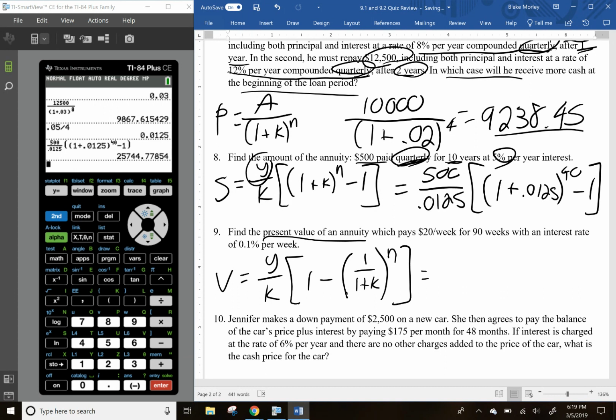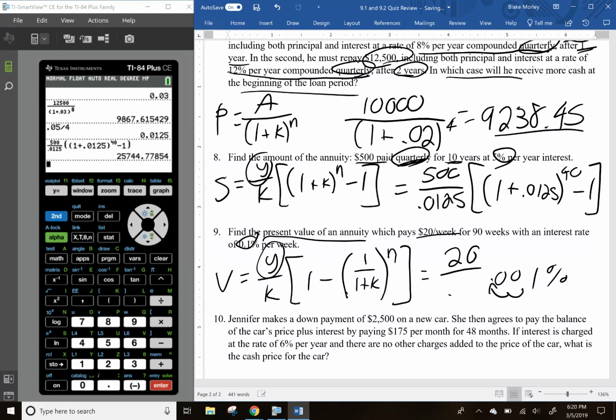Let's plug everything in. Again, Y, just like in the last problem, is our deposit per period of time. Like $500 quarterly, but in this case, it's $20 a week. So that's $20. The K value, don't be fooled by this. This is tricky. It's 0.1%, but you can't put 0.1 because you didn't change it from a percent to a numeric decimal. So 0.1% still follows the same rule of moving the decimal place to the left.